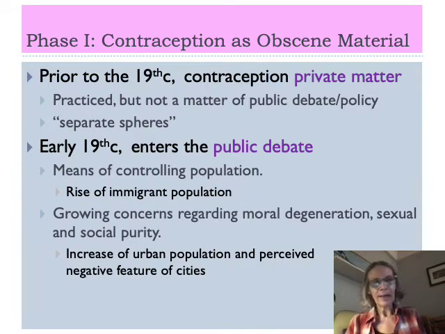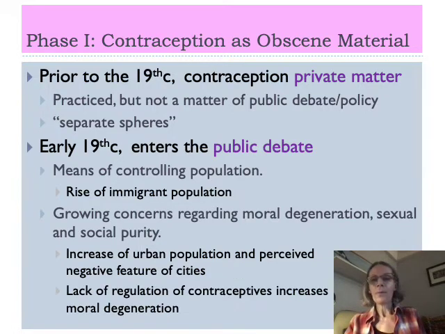It's a perception that developed out of the increased urban population and the perceived negative features of cities, as we're going to see in a second with the Comstock Act. Anthony Comstock was the one who brought this to the public's attention.